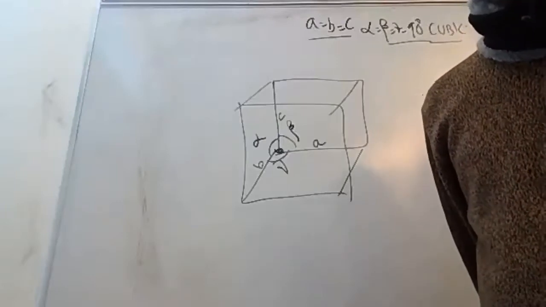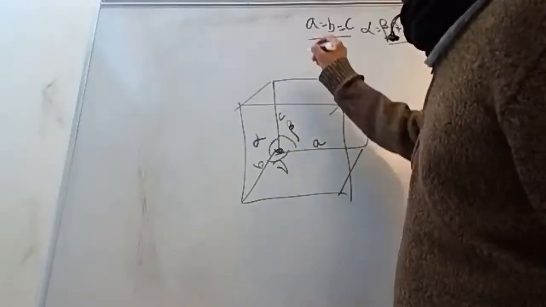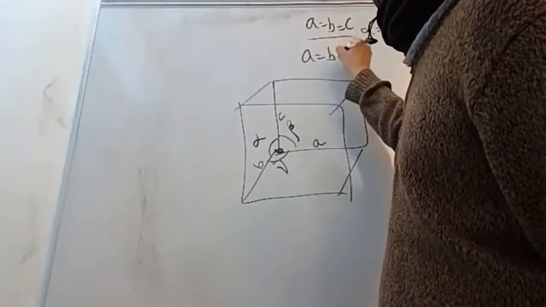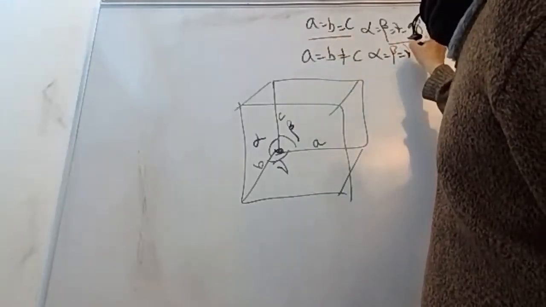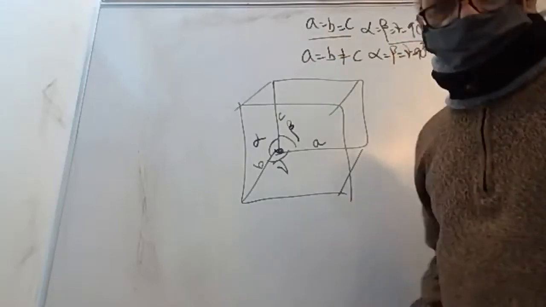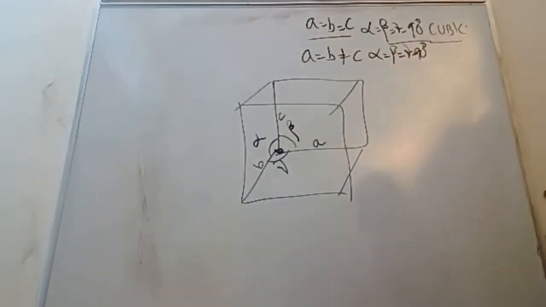You can also have a situation where A equals B, but not equal to C, but all the internal angles are 90 degrees. So what do we call this now? Would it be just a rectangle? Yeah, it's like a rectangle.